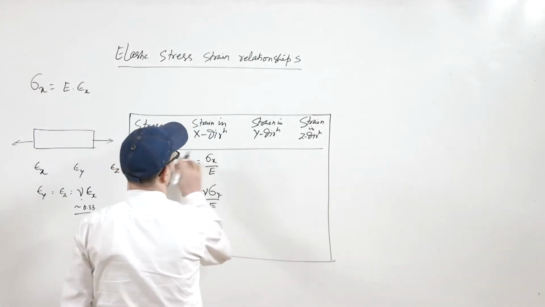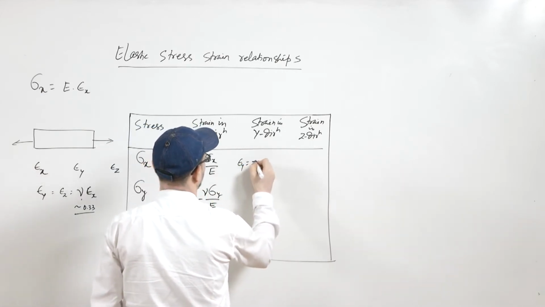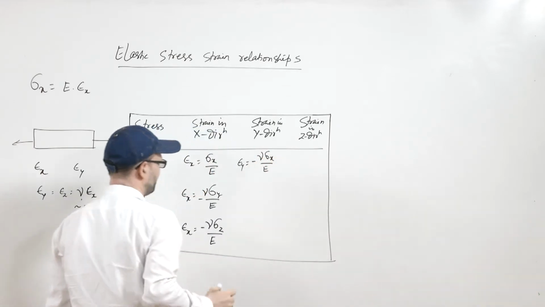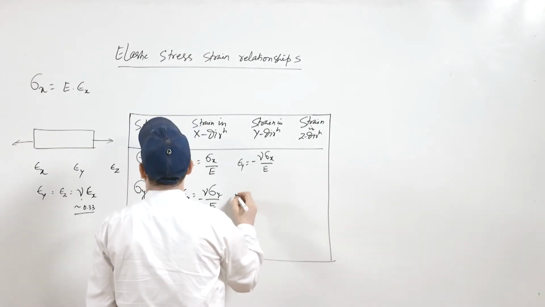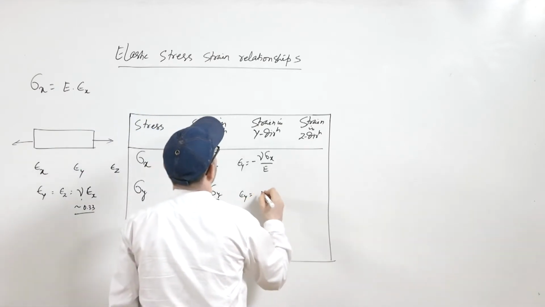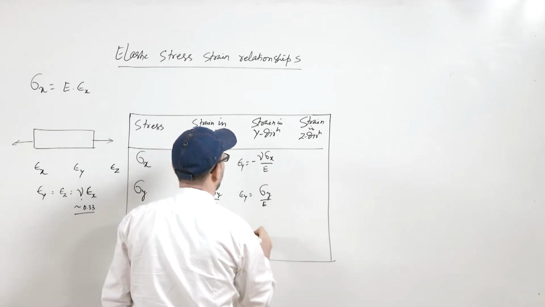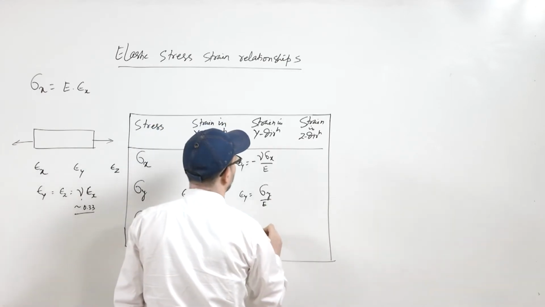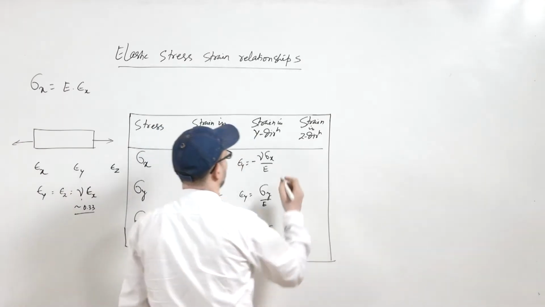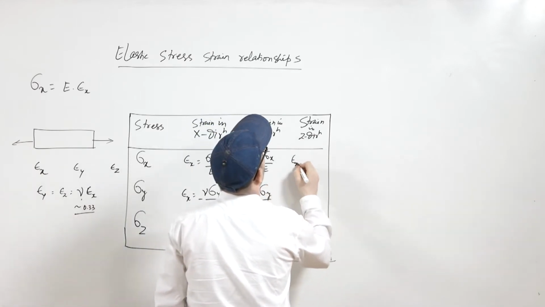Due to y direction, you will have epsilon y as minus nu sigma x by E, and this will be again epsilon y. So, that will be sigma y by E, and this will be again epsilon y. This component will be minus nu of sigma z by E. Similarly, you have epsilon x, epsilon z.